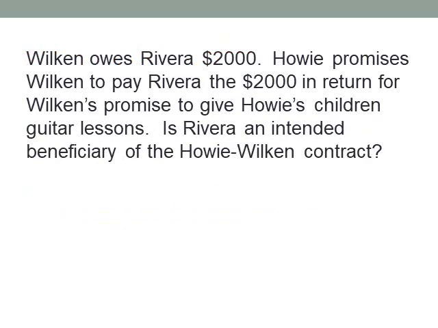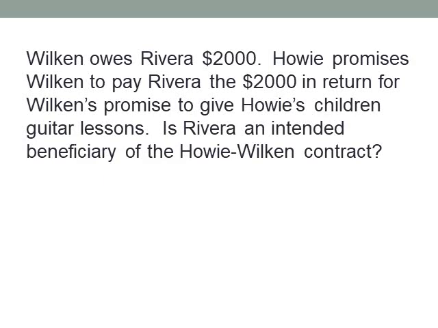How about this example? Wilkin owes Riviera $2,000. Howie promises Wilkin to pay Riviera the $2,000 in return for Wilkin's promise to give Howie's children guitar lessons. Is Riviera an intended beneficiary to the Howie-Wilkin contract? No, she is not.